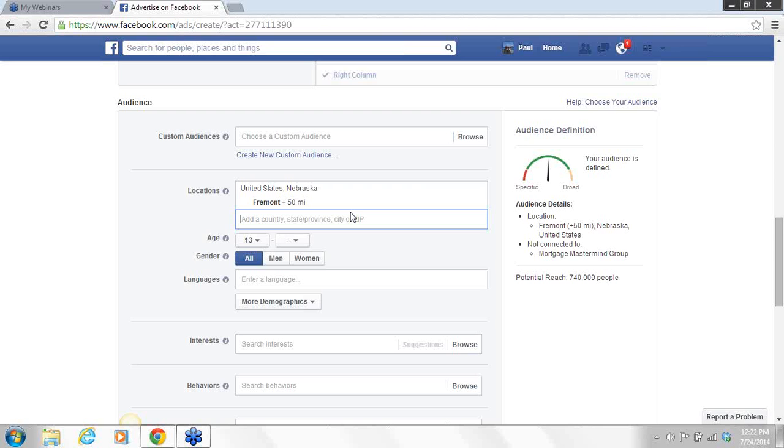Especially when you're talking about a consumer direct marketing approach, you need to have a local indicator on there. If you're in California, you don't want people in Florida seeing your ad. You don't want people in New Jersey checking out your ad if you're a mortgage lender in Arizona.